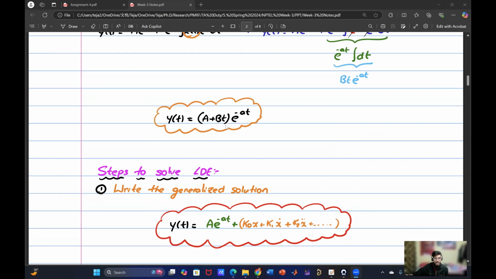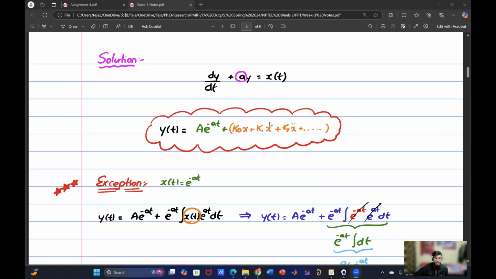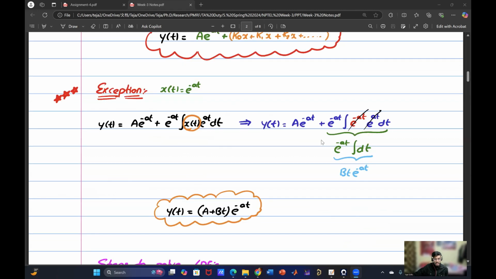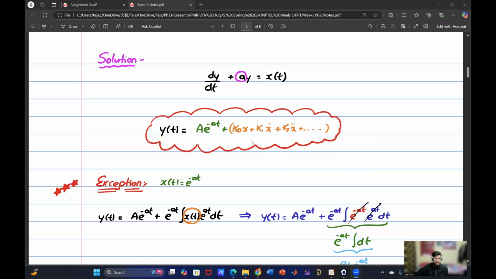This bt term you will not get from this expression. That is why we call it an exception. In every concept, first we generalize the solution and then see if there are any exceptions. For that case, we will not apply the direct solution. It is not that we are unable to find the differentiation. Yes, we can find it, but it is not applicable.